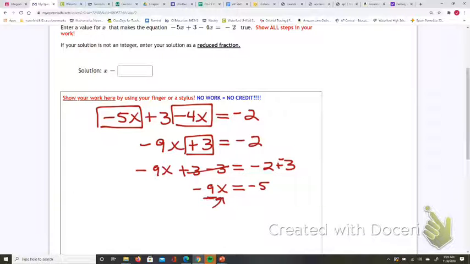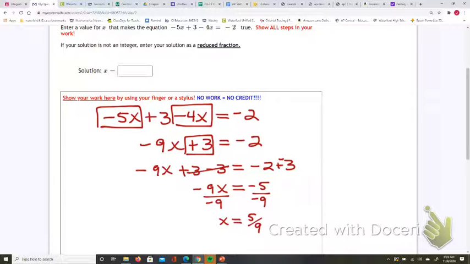So I find the number that's next to the x, and in this case it's negative 9. So I divide by negative 9, divide by negative 9. Negative 9 divided by negative 9 is 1x, and then a negative divided by a negative is positive. So our answer is x equals 5/9.